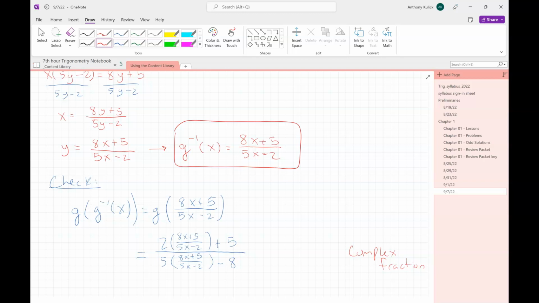So I'm going to look at all the fractions I have and look at the least common multiple of the denominators. What are the denominators that I have? I have 1, that's the denominator on the 5 and the minus 8. And then I have 5x minus 2. Everybody agree with that?